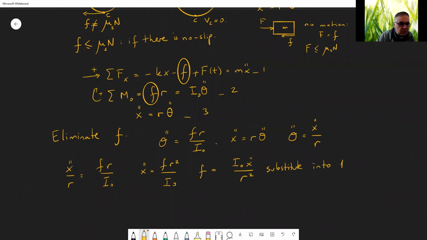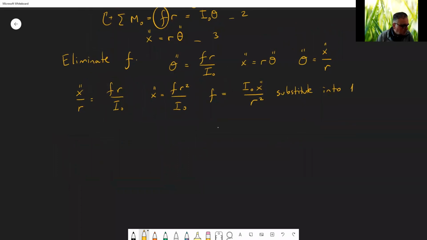If you substitute into the first equation, you are going to get f of t is equal to m x double dot. Let's collect the x terms together and rearrange them.